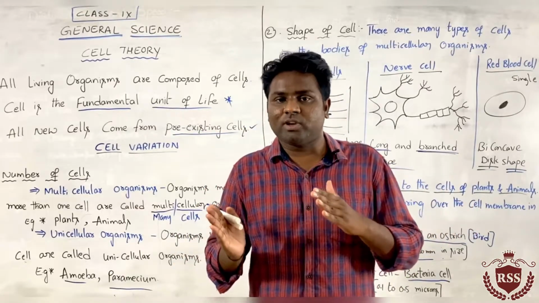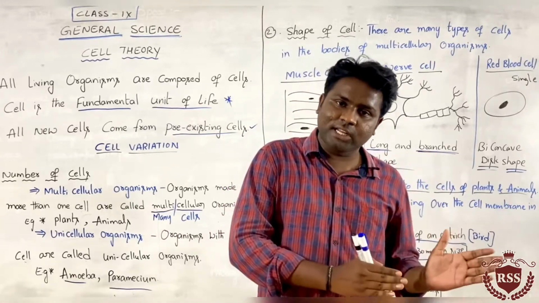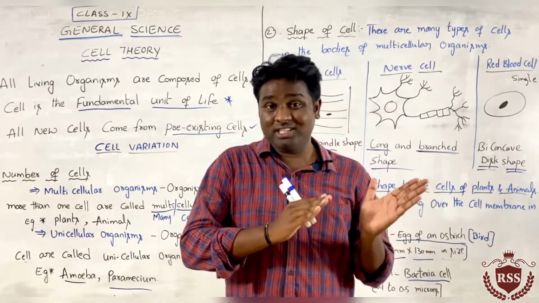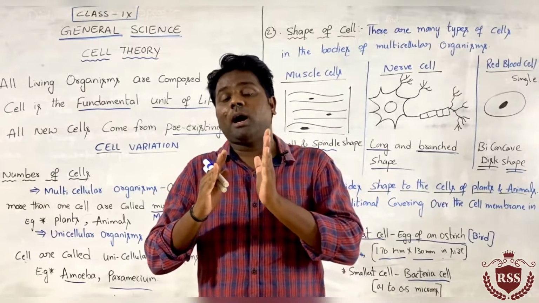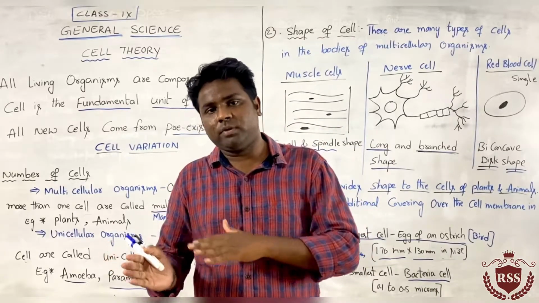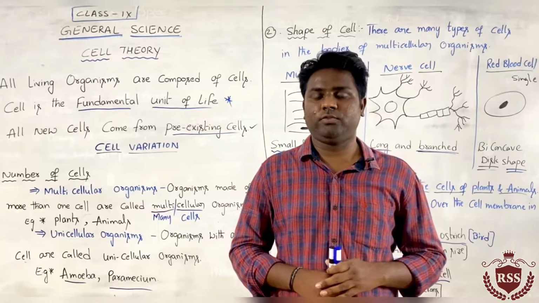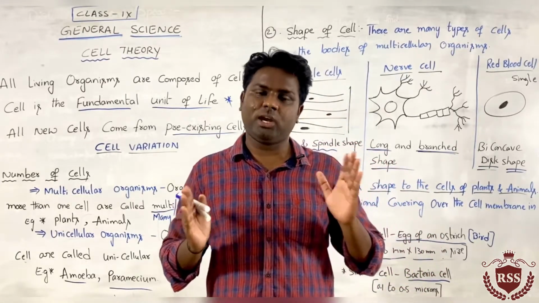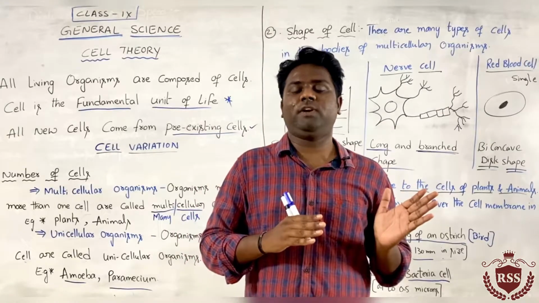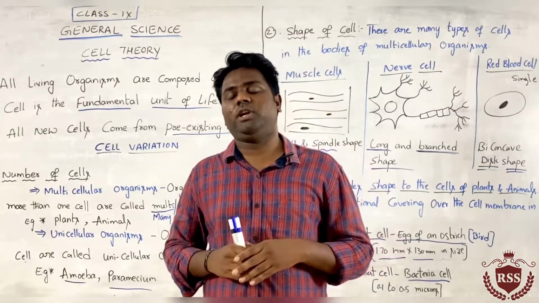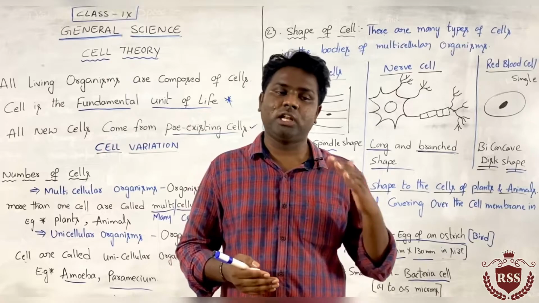Examples for multicellular organisms are plants and animals. Examples for unicellular organisms are amoeba and paramecium. Considering the shape of the cell, there are different types of shapes in both multicellular and unicellular organisms.